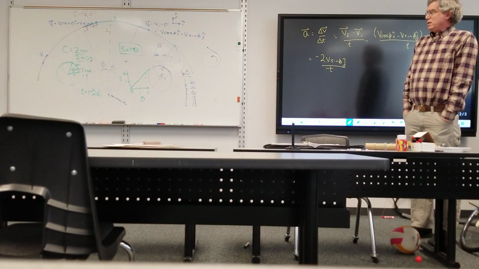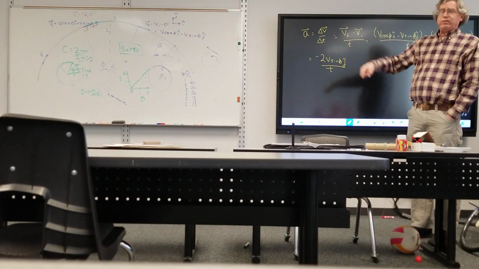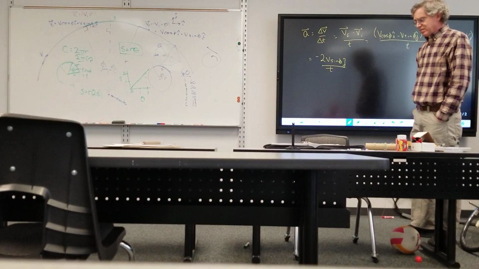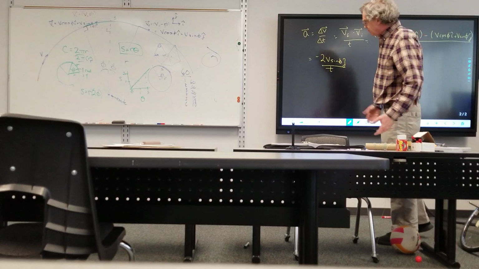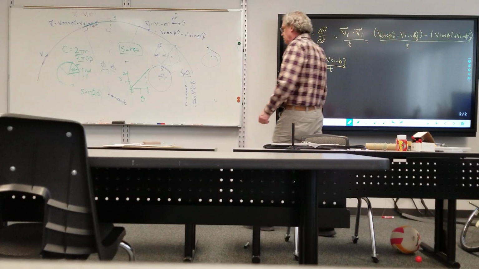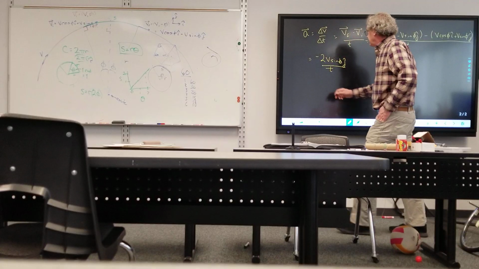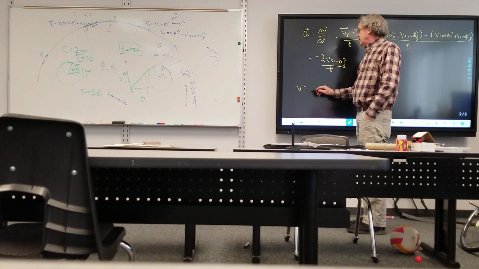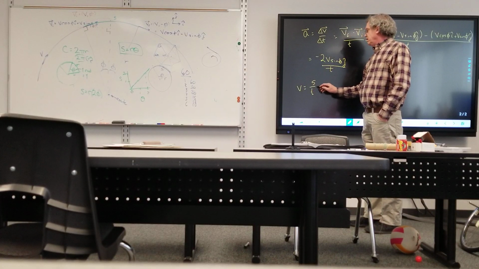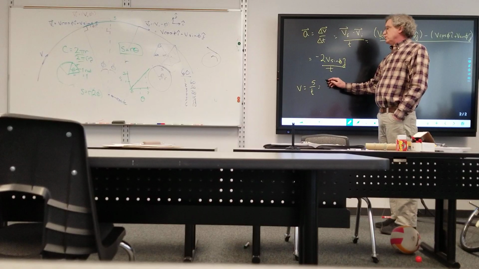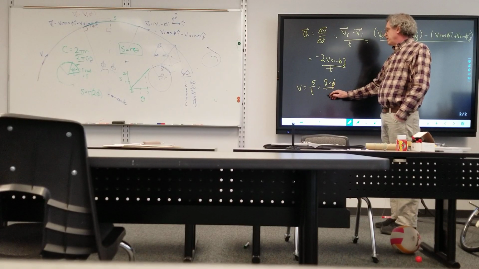I know my speed is distance over time, and so, well, that's the distance I travel, divided by t, which is the amount of time it takes to do it. So I know that my speed is equal to the distance over time, which is 2r phi divided by t.